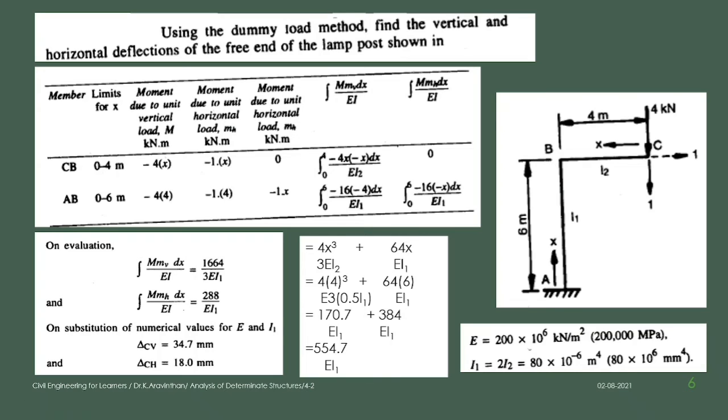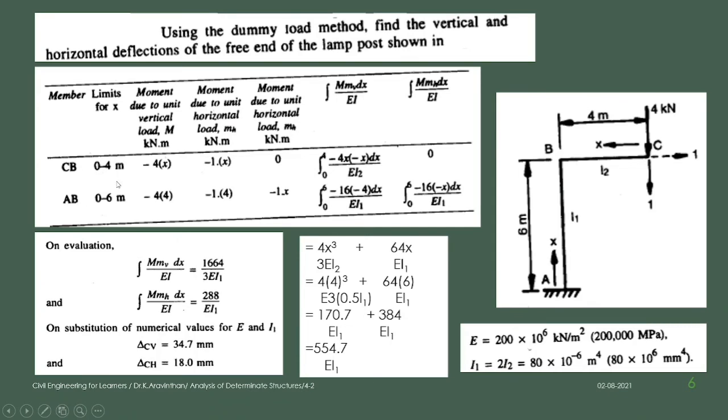Now you have to split the component into two cases, that is for the element AB which is 0 to 6 meter and for the element CB which is 4 meter. Why we start with A and C is that at the point A we have considered the 0 axis and at C we have considered as 0 axis. So the elements are written as AB and CB, and their limits are 0 to 6 and 0 to 4.